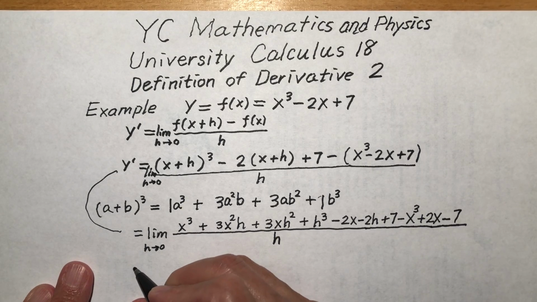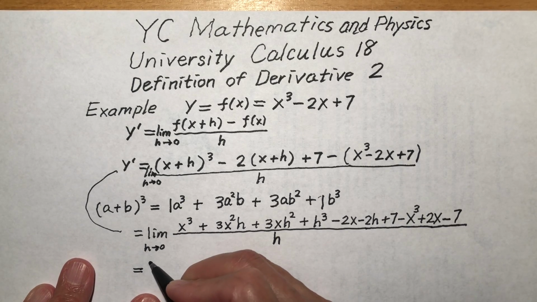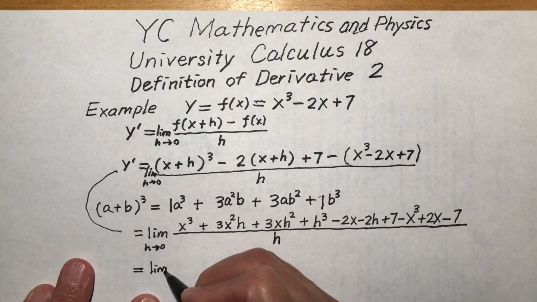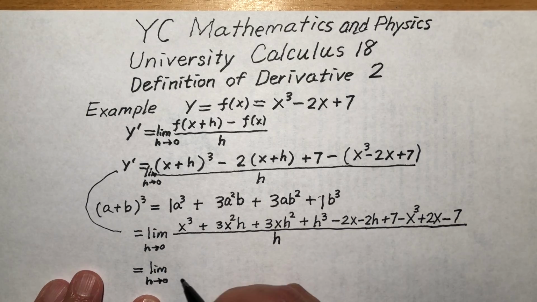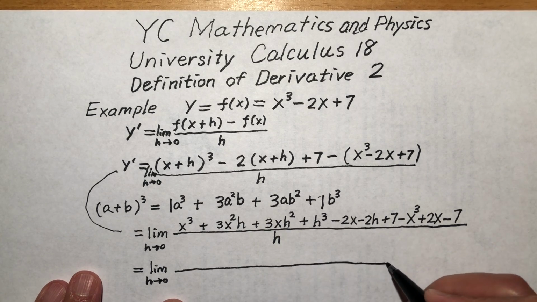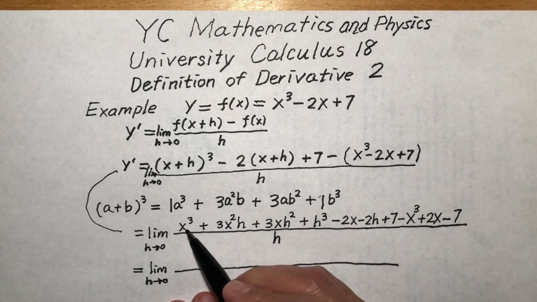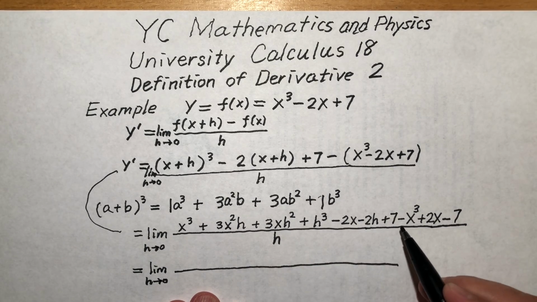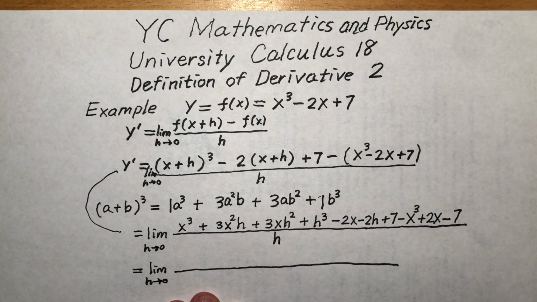Now equals the limit, h goes to 0. I have a long fraction line. Look, x cubed and minus x cubed cancel. Minus 2x plus 2x cancels. Plus 7 minus 7 cancels.